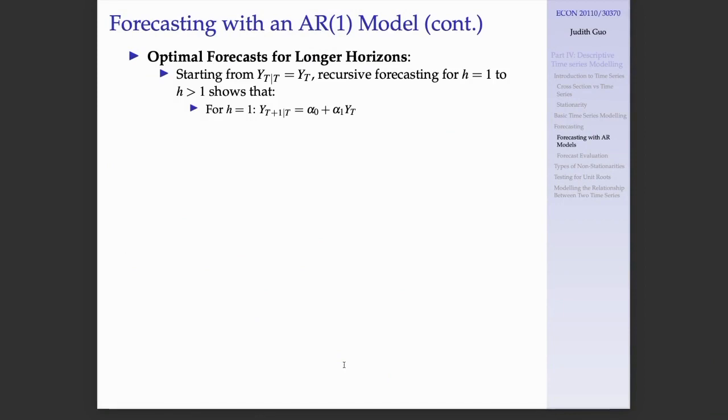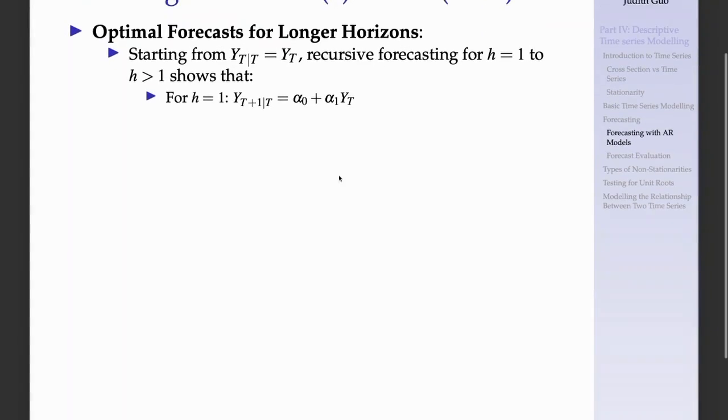So this is the one-step ahead forecast. Now, taking h to be a more general value, for example, h being greater than 1, essentially it's more like a recursive formulation. So remember, just now we've seen that for h being 1, our one-step ahead forecast depends on the last observation of our sample.